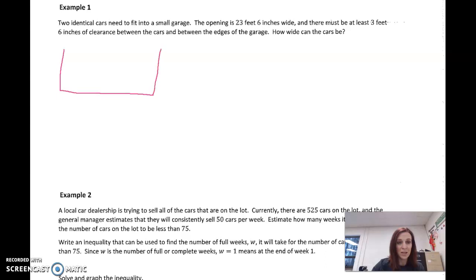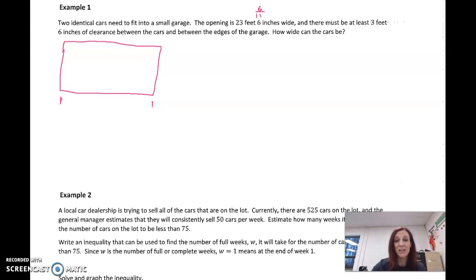And here's a really bad picture of a garage. We know that it says the opening, so we're just going to pretend that it goes from here to here, and it is 23 feet 6 inches. A little hint here: how many inches are in a foot? 12.